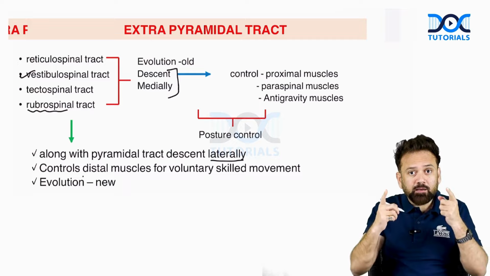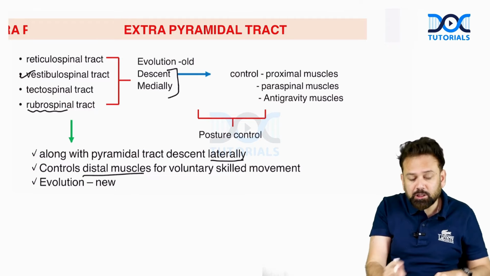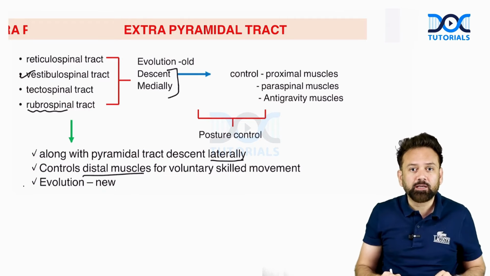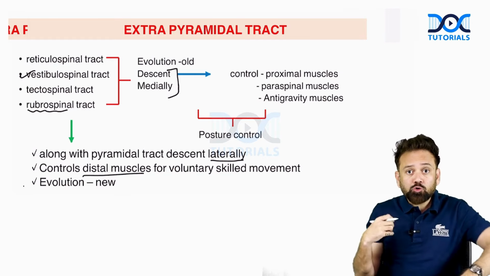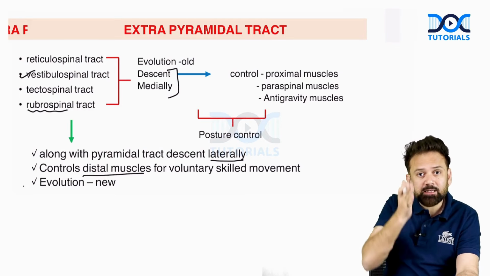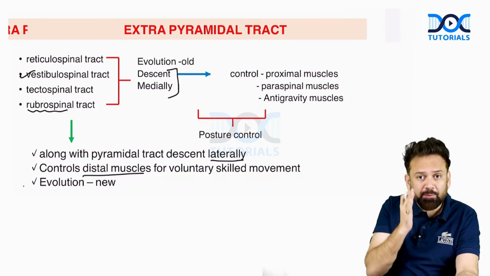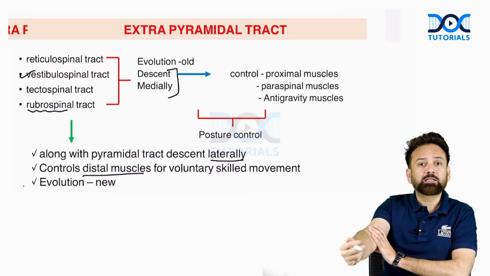It is extrapyramidal, but it behaves like pyramidal also. It controls distal muscle for voluntary activity. Voluntary activity needs distal control; posture needs proximal control. So rubrospinal tract exceptionally comes from the lateral side, just like pyramidal tract, and controls distal muscle to flex the upper limb.